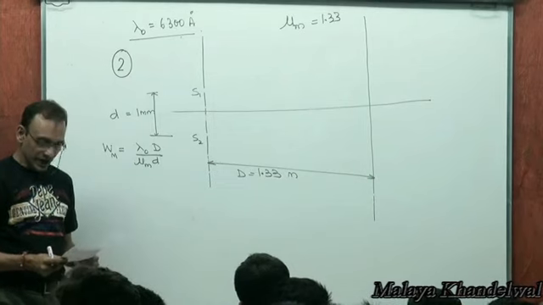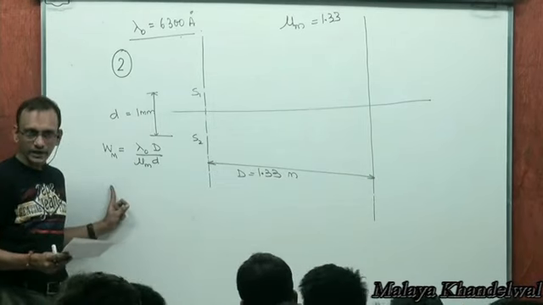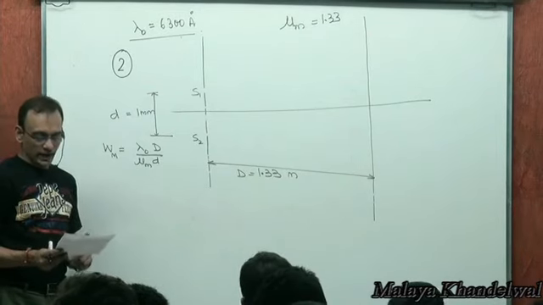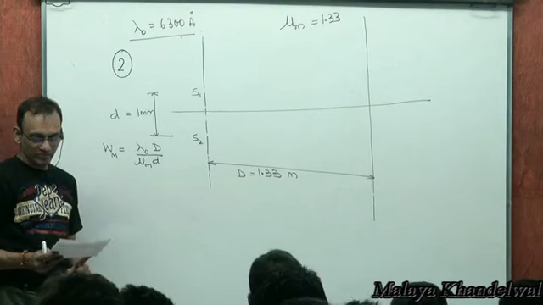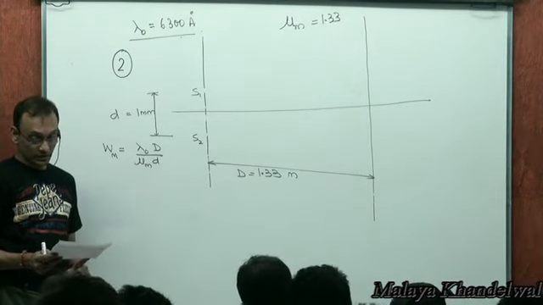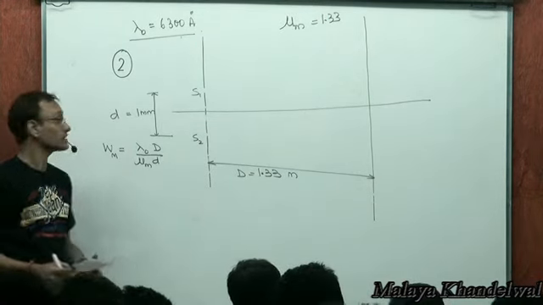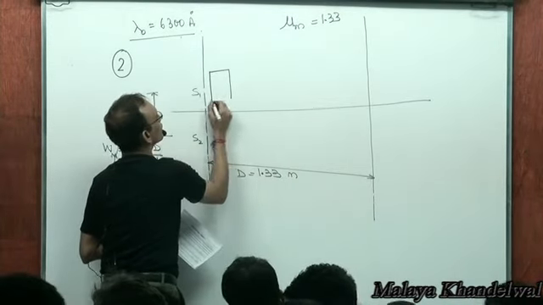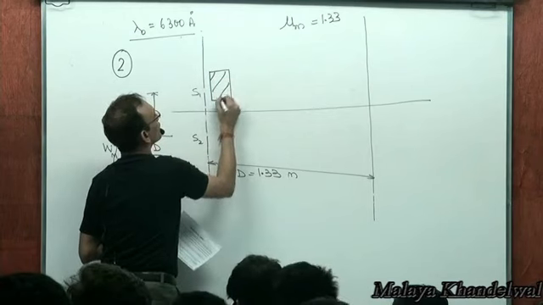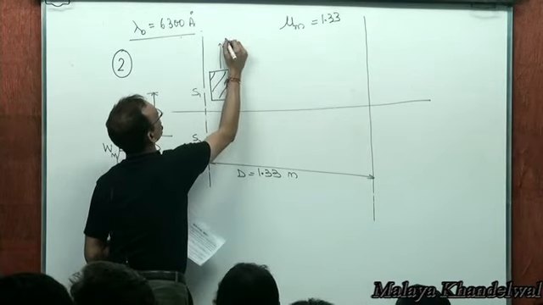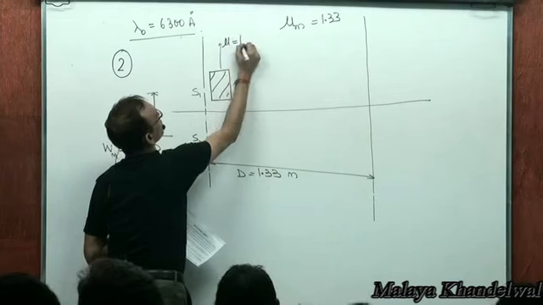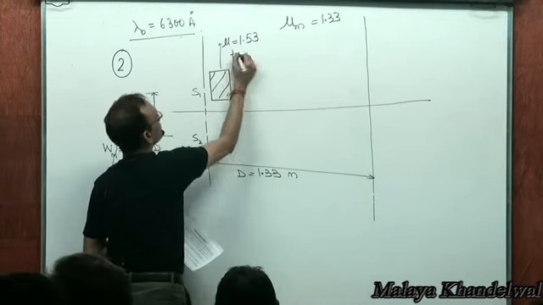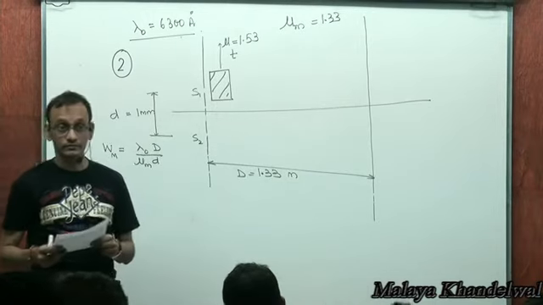One of the slits is now covered by a thin glass plate of refractive index 1.53. Say the upper one is covered by a plate of mu equal to 1.53 and of thickness T.